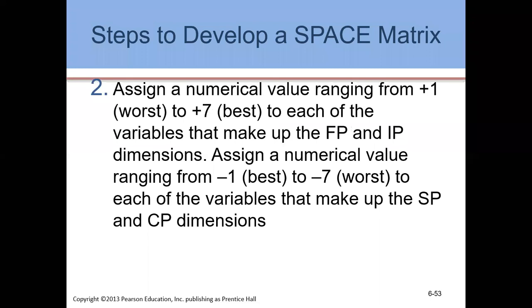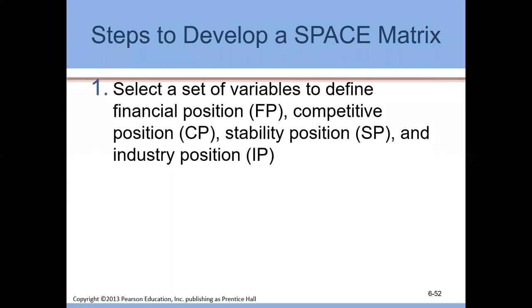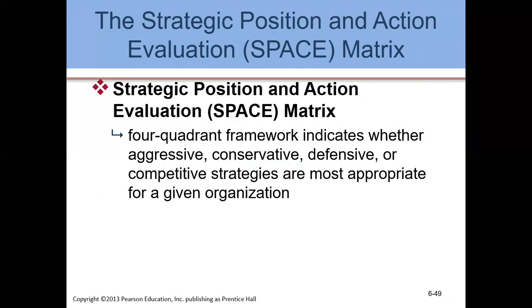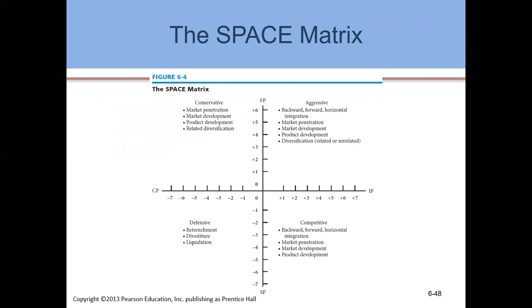The second point is assign a numerical value ranging from +1, which would mean worst, to +7, which would mean best, to each of the variable that makes up the FP and IP dimensions. Now let me show you the diagram once again. We can see in this diagram, the FP is positive y-axis and IP is positive x-axis.